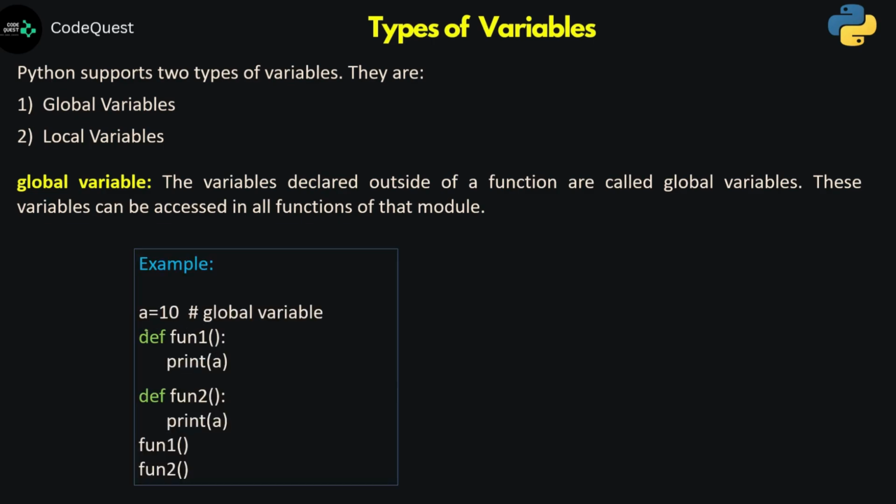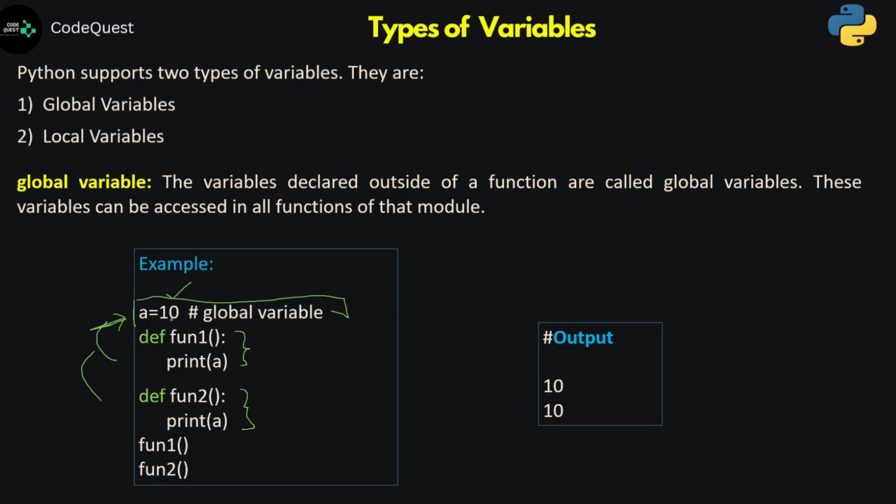Now, for example, here we have taken this a equals 10, and you can see this a is present outside of both of these functions. This is a function fun1, this is another function fun2, and this initialization of the variable has been kept outside of both the functions. Hence, I say this is a global variable.